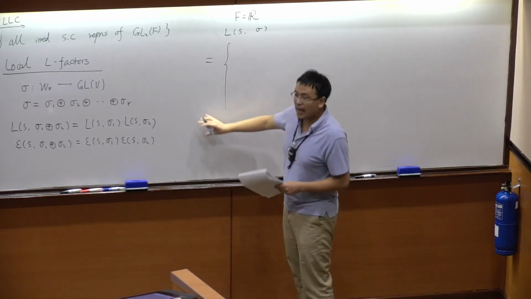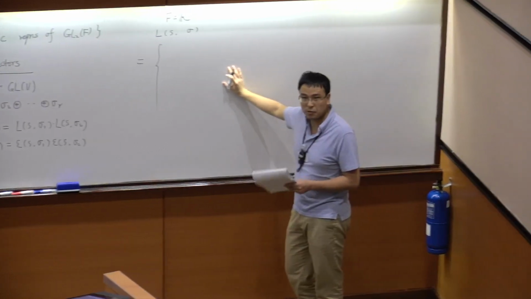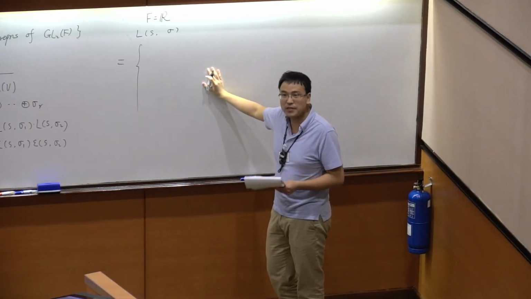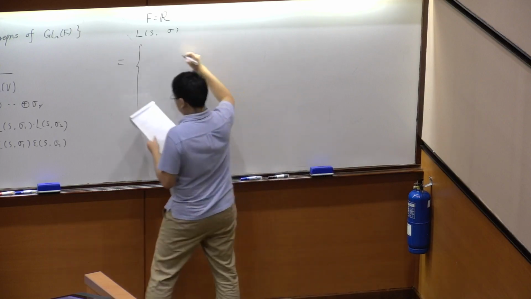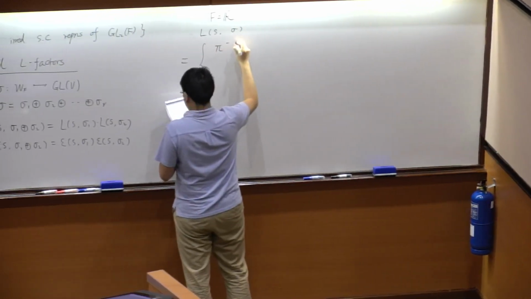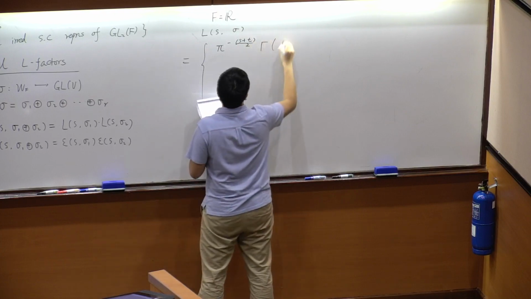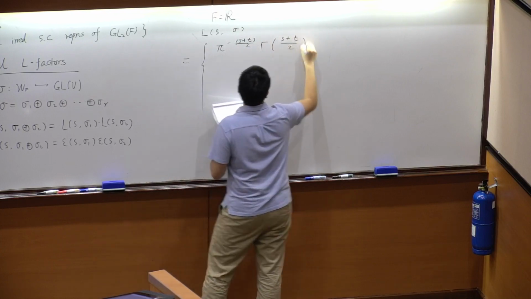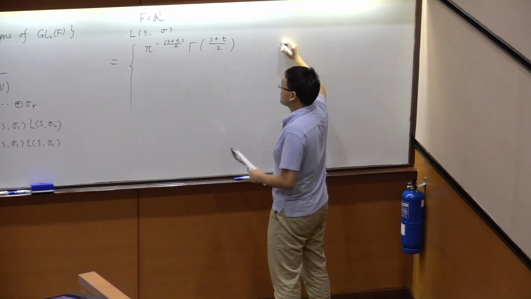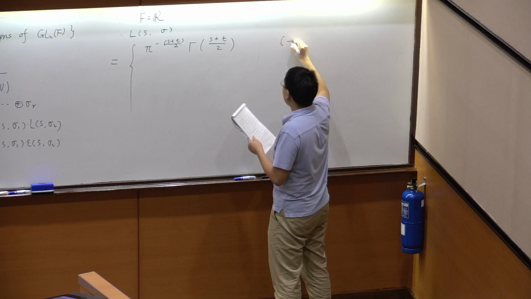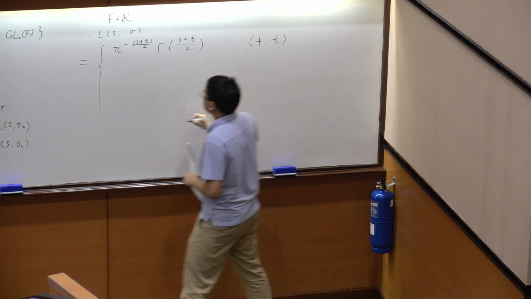And because we have these additive properties, we only need to define it for the irreducible ones. And we already have the full list for the irreducible representations. So we only have three cases. And this corresponds to the representation parameterized by plus and a complex number, and also we have minus t.